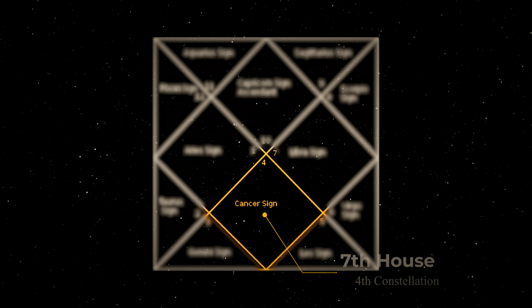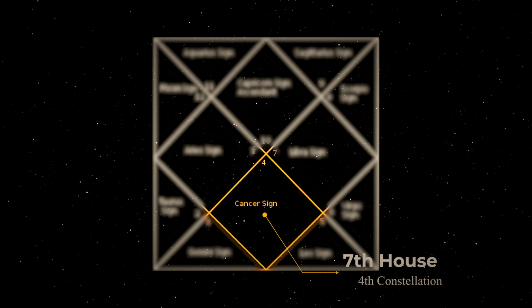From there, you start counting ahead to the second house, third house, and so on. When you reach the seventh house, which is just opposite the first house, you reach the descendant, or basically the western direction where the sun sets.